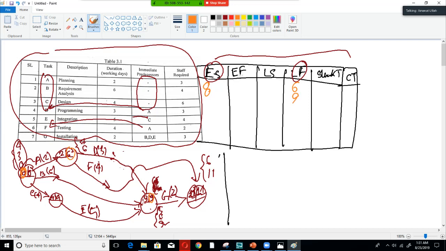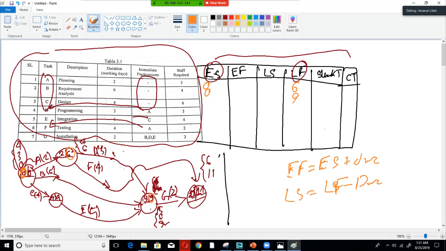We should also fill up the values of EF and LS. So EF will be, as we remember the formula, EF equals ES plus duration, and LS equals LF minus duration.